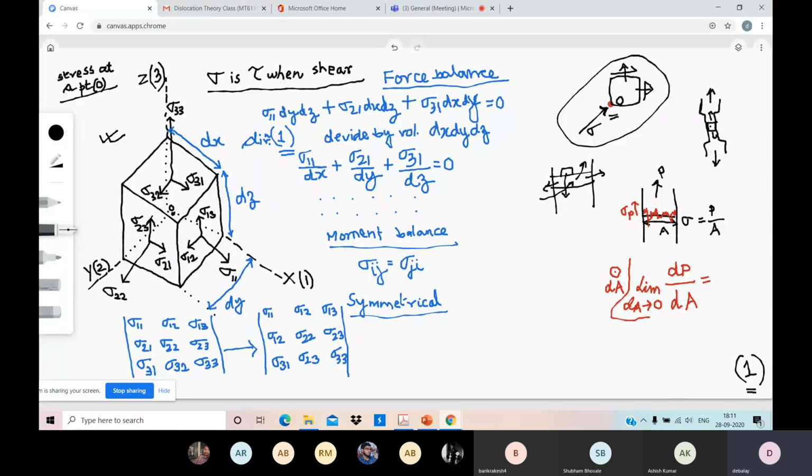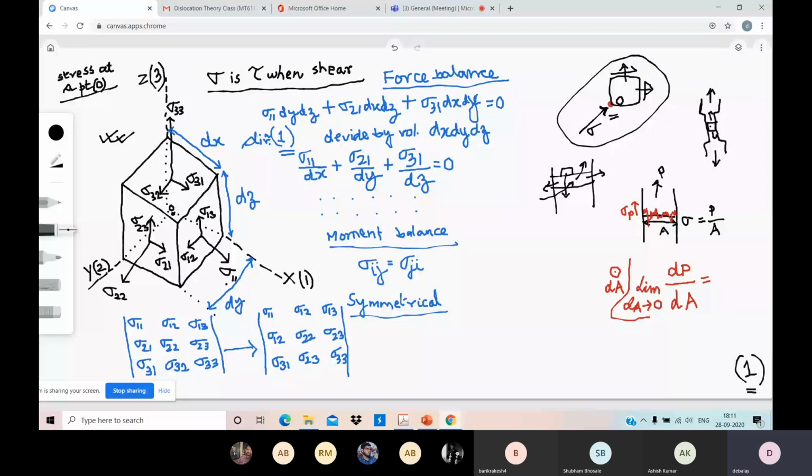components. And the best way to represent it is considering this parallelepiped, and the components are shown acting on the major faces of the box. So these are the stress components.